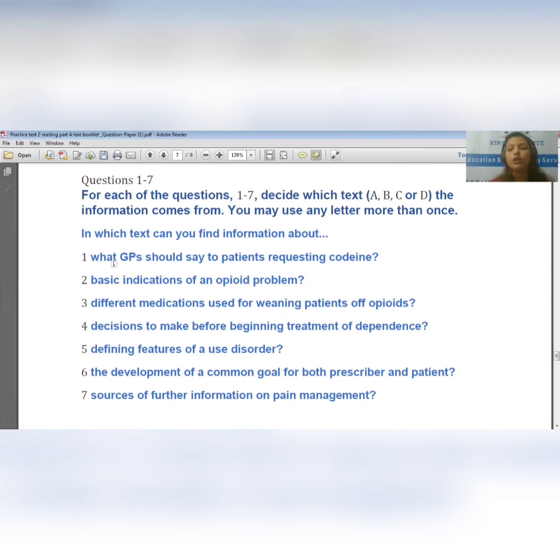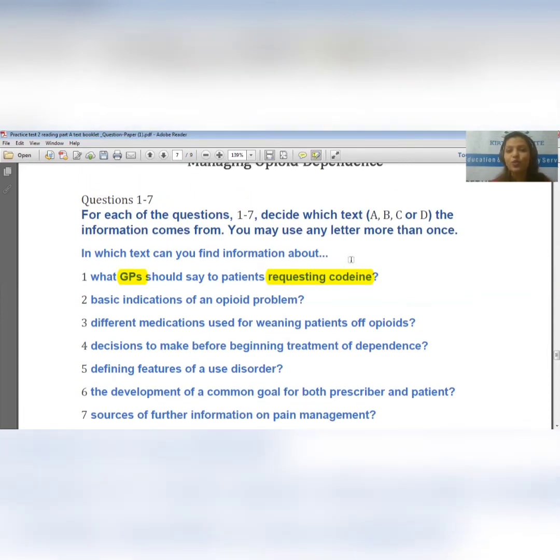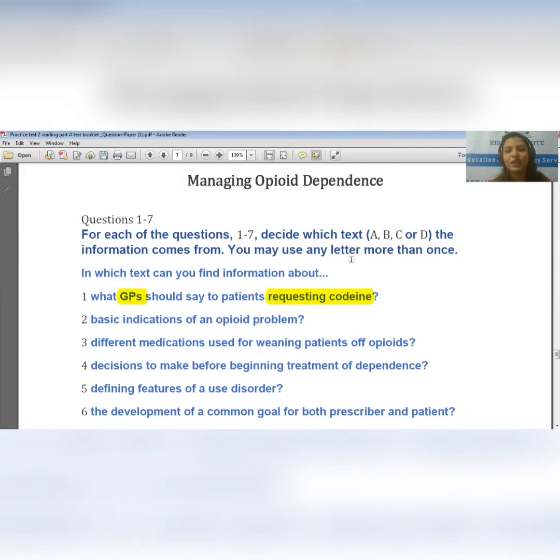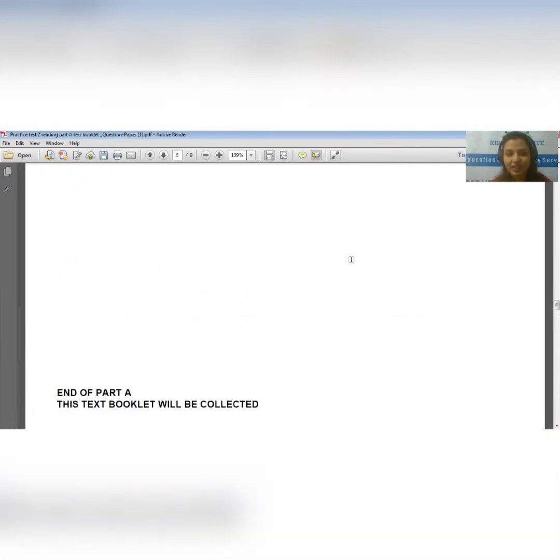So, what GPs should say to patients requesting codeine? Can you guess the answer? Where did we read keywords like GPs, requesting codeine? Can you think? Yes, write in the comment box if your answer is right. Let's check. We read this in text B, right?